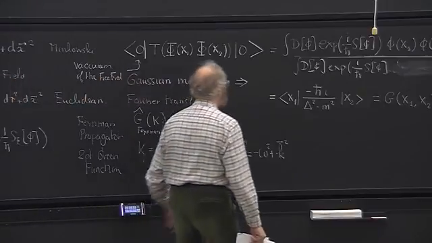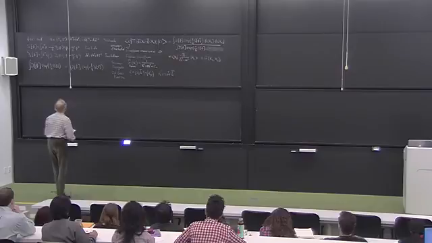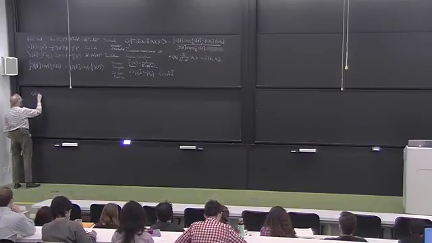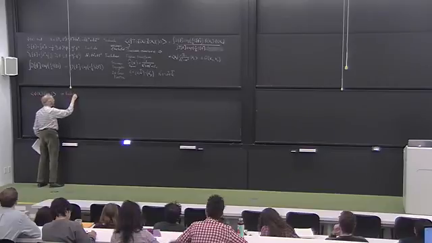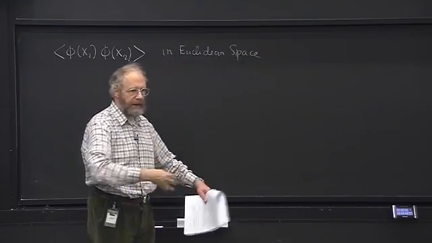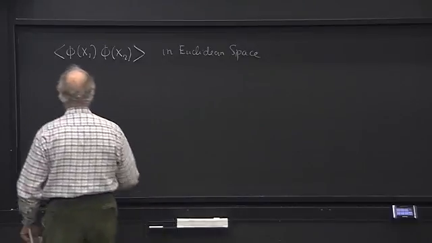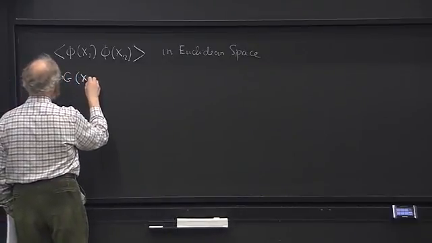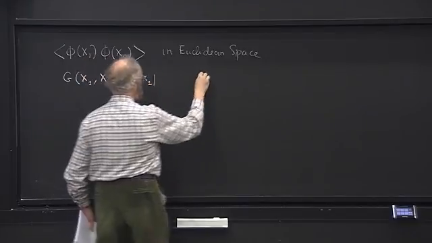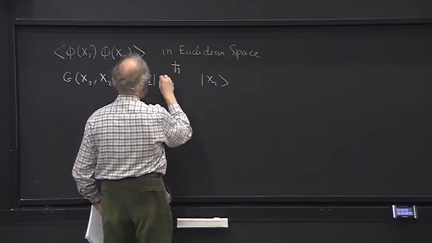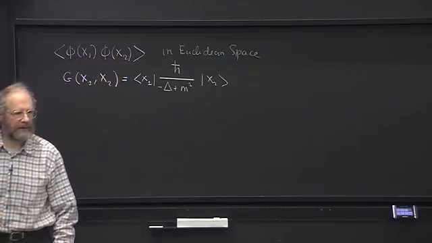And we have seen also that you can derive that by starting from the expectation value of phi of x1, phi of x2 in Euclidean space, and making a Wick rotation. And in Euclidean space, this function is simply G of x1, x2 equal the matrix element between 2 points x1 and x2 of h bar over minus the Laplacian plus m squared in Euclidean space.